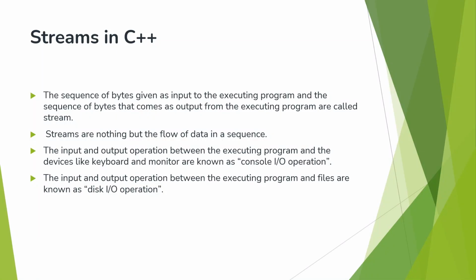Next, the input and output operation between the executing program and devices like the keyboard and monitor is known as console IO operation. Here, the stream of data goes from the keyboard and to the monitor. We give input from the keyboard or any input device, and we receive output on the monitor or any display output device.